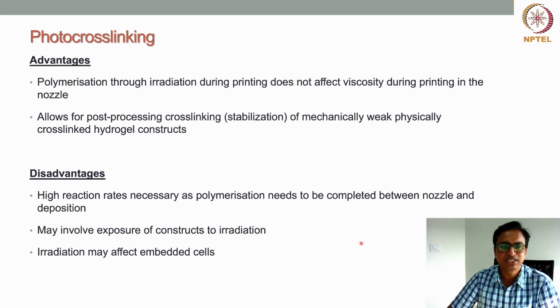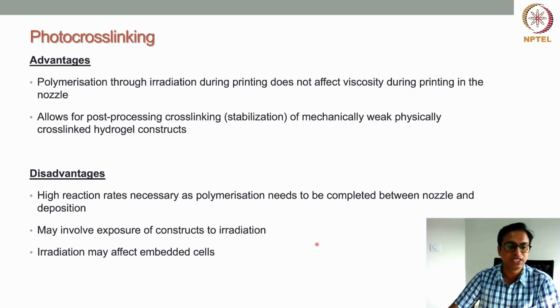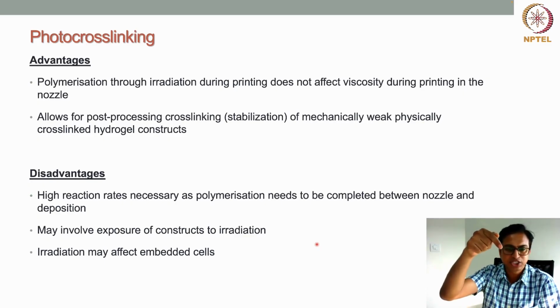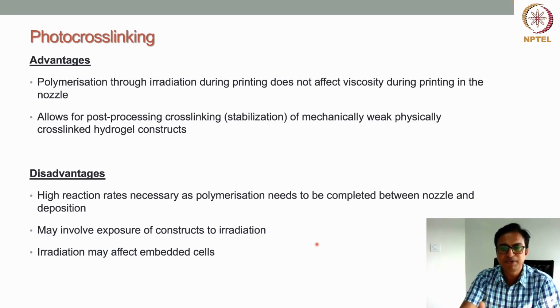But the disadvantage is that high reaction rates are necessary, as polymerization needs to be completed between the nozzle and deposition. Because in bioprinting, the photo cross-linking should initiate as the material starts extruding, but it should complete before the material is deposited within the structure.